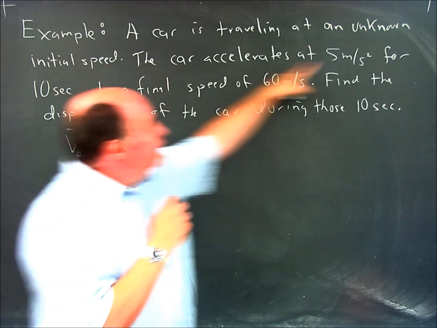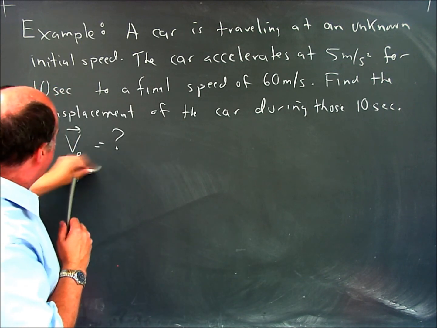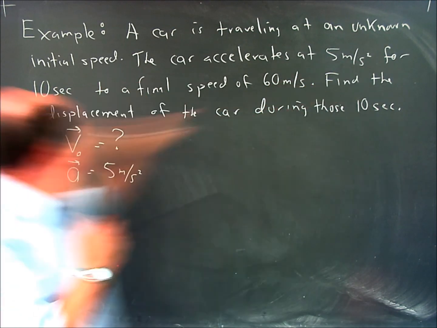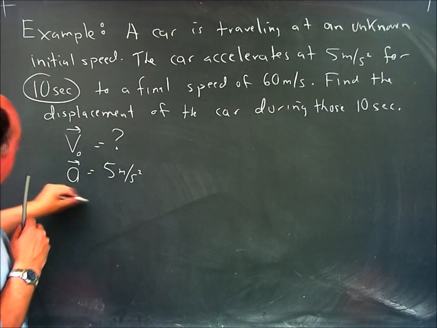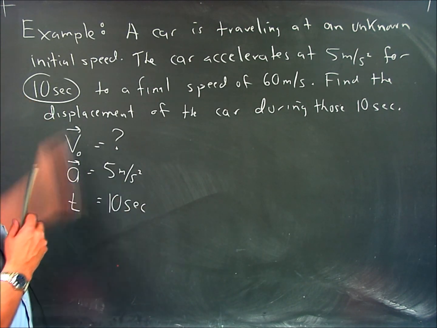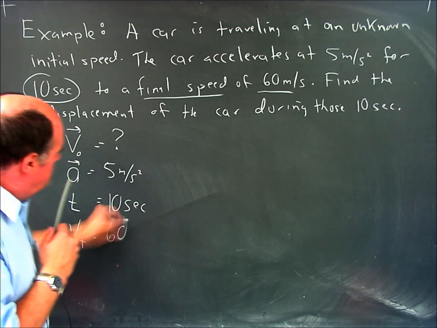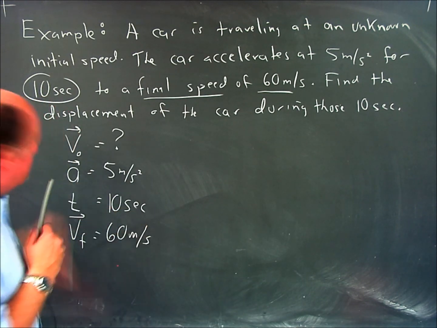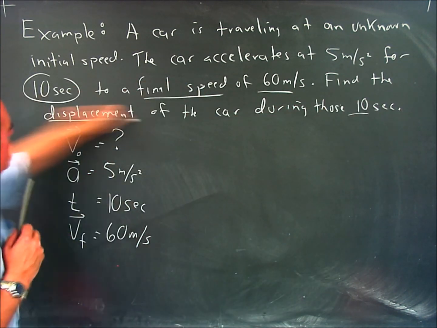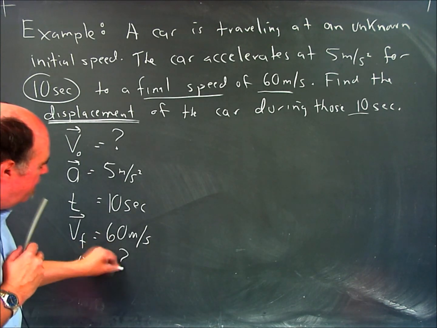The acceleration is 5 meters per second squared for 10 seconds, that's a time. And the final speed is 60 meters per second. The real question is, find the displacement after those 10 seconds. So delta x is what we really want to find.